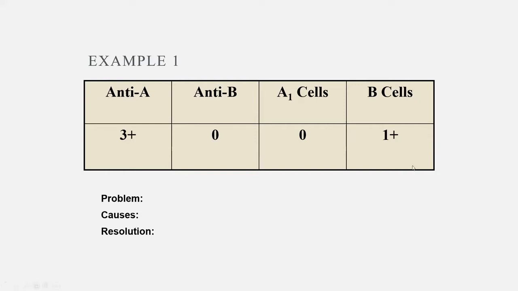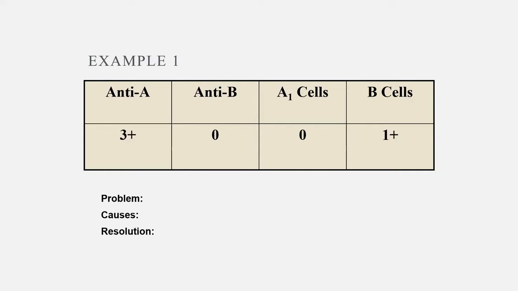Your antibodies are IgM, so they're cold-loving antibodies and will react stronger at 4 degrees. That's what you would record on your ABO worksheet, whatever you did. So 15 minutes at 4 degrees.